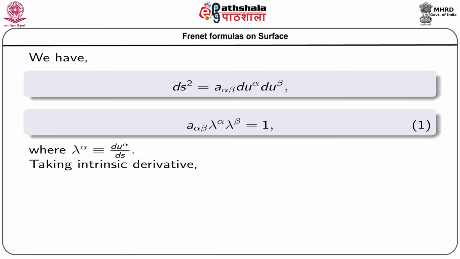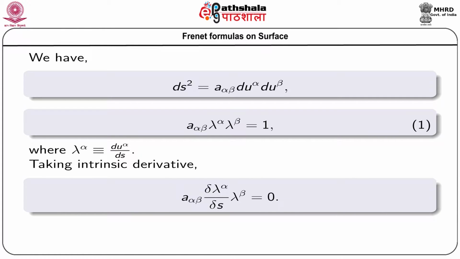which are the components of the unit tangent vector to the curve on the surface. Now, taking the intrinsic derivative of 1, we get a alpha beta del lambda alpha del s lambda beta equals 0. Actually, we are getting twice of this expression, and from there we get a alpha beta del lambda alpha del s lambda beta equals 0.